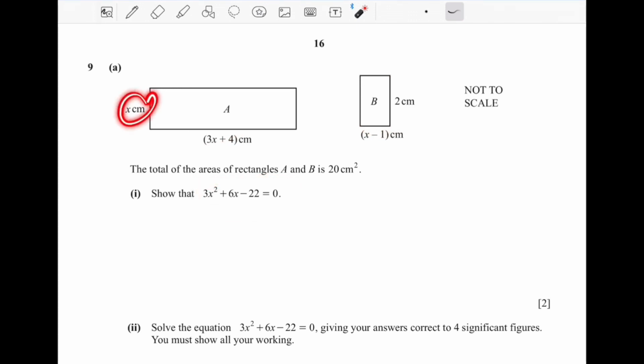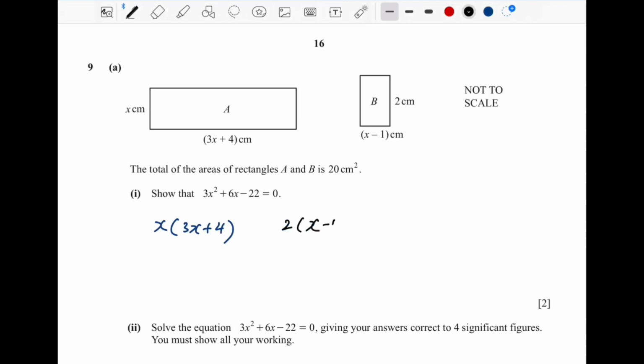This times this plus this times this equals 20. Let's try it out. This is the area for rectangle A, and the area for rectangle B. When you sum it up, it should be 20. Let's do the working.